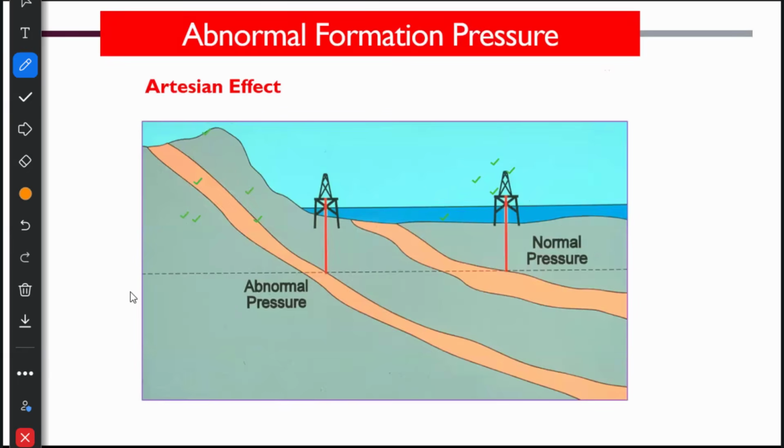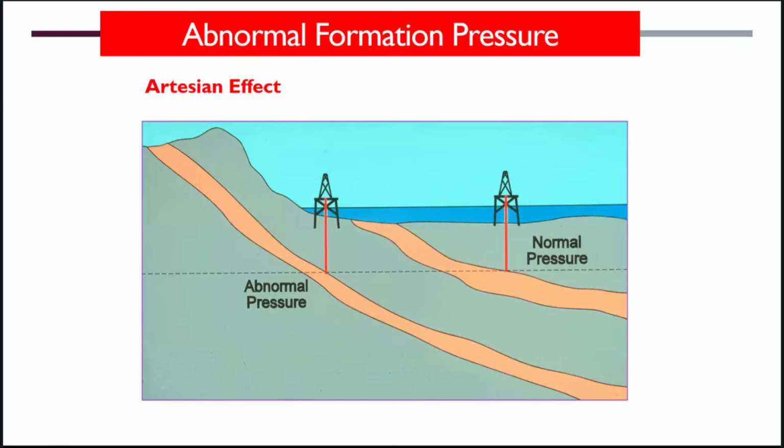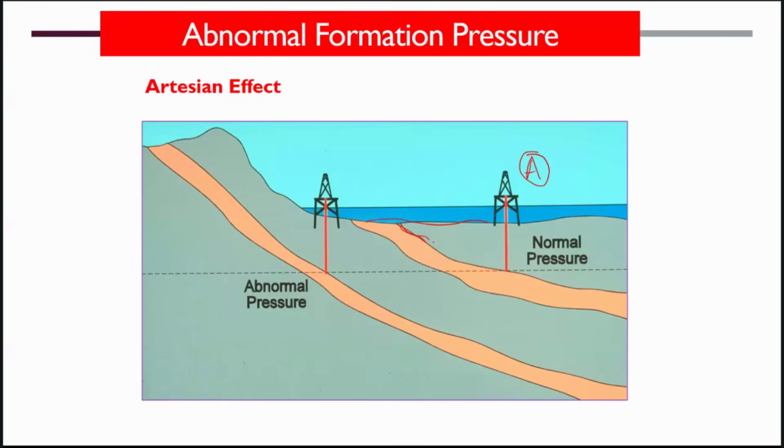So what is this artesian effect? If you are drilling a rig at this location A, the water source is here at the surface. From here you calculate the height of the water column, and this much will be my formation pressure. But if you are drilling at point B, the water source is coming from a high mountain.